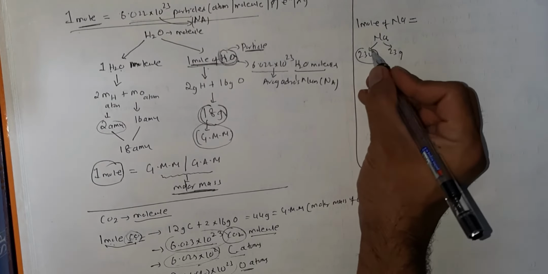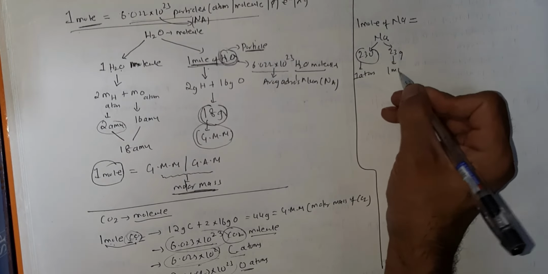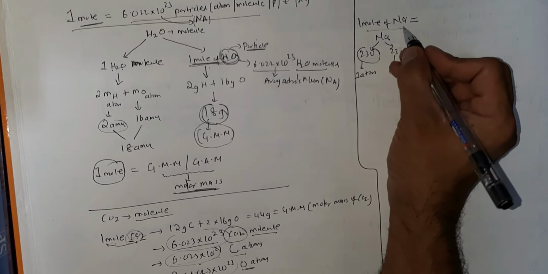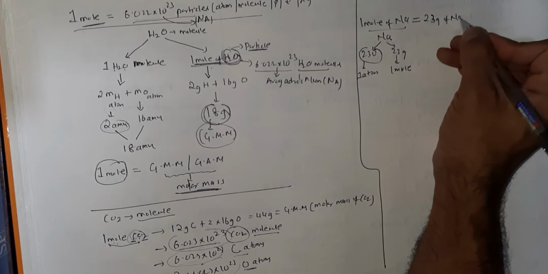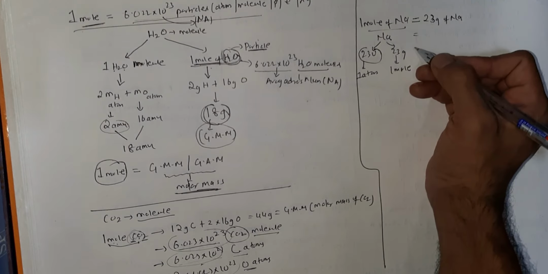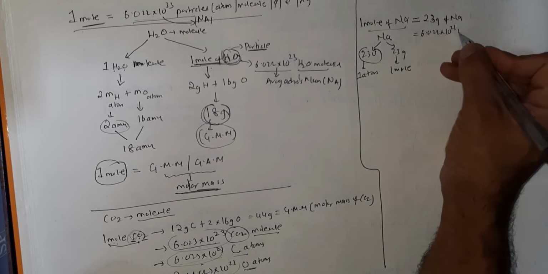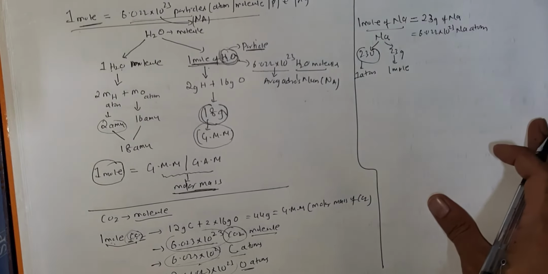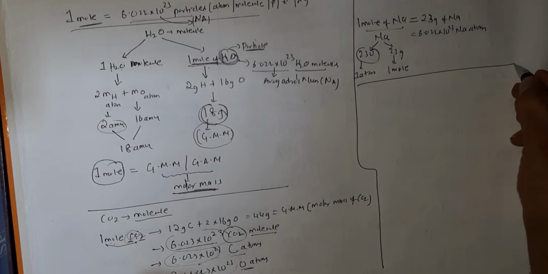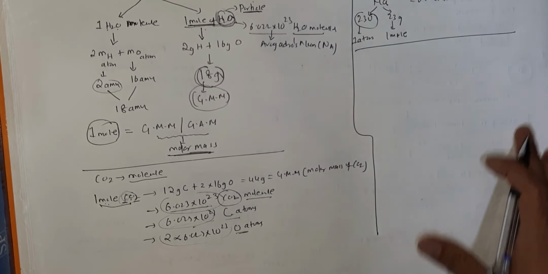So 23 U is for 1 atom, 23 gram is for 1 mole. So 1 mole of sodium is 23 grams of sodium. How many atoms does it contain? 6.022 into 10 raised to 23 sodium atoms, Avogadro number of atoms. Very simple.